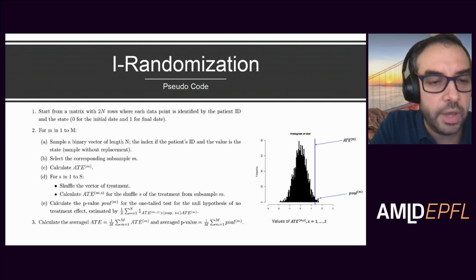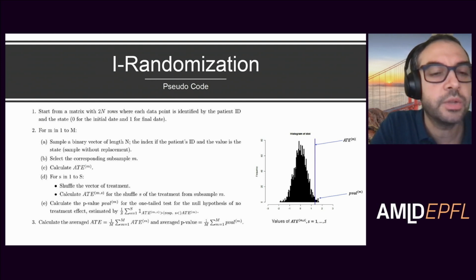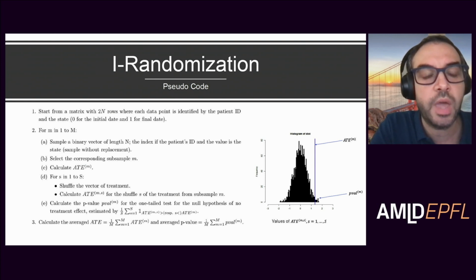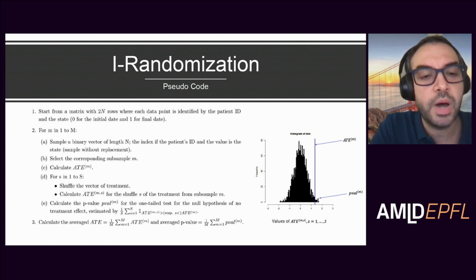We permute. We randomly select an index of the individuals and randomly select, with probability 1/2, either the first or the second time period. We then estimate the average treatment effect by the method described by Xiaowu, which is propensity score matching.